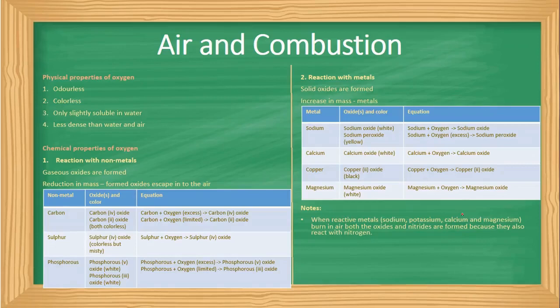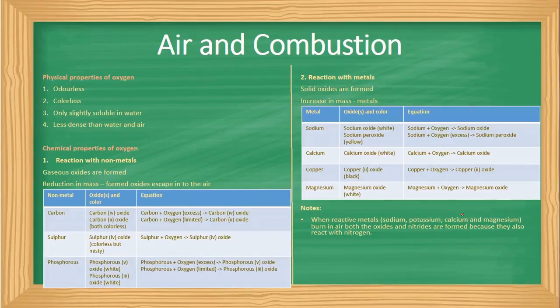Note that when reactive metals, the most reactive metals, which are sodium, potassium, calcium, and magnesium, burn in air, I'm talking about air here, not oxygen, both oxides and nitrides are formed, because these metals are very reactive.